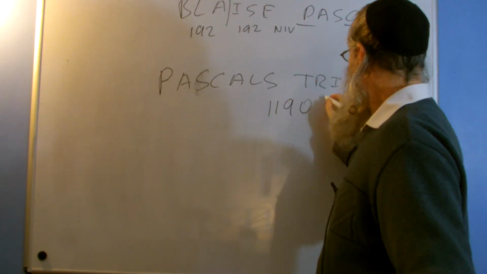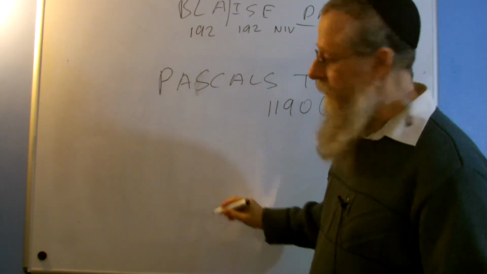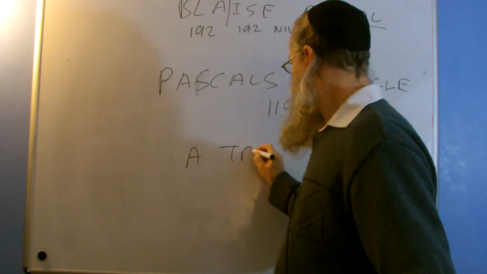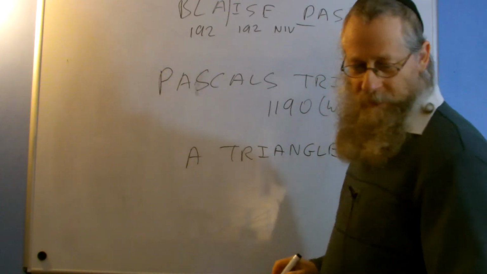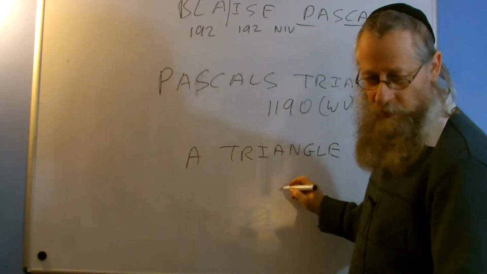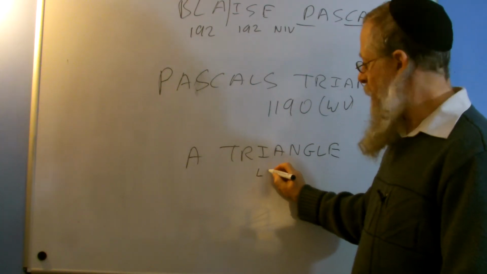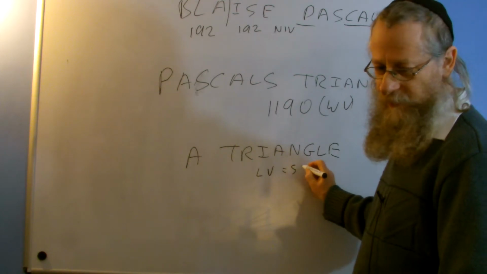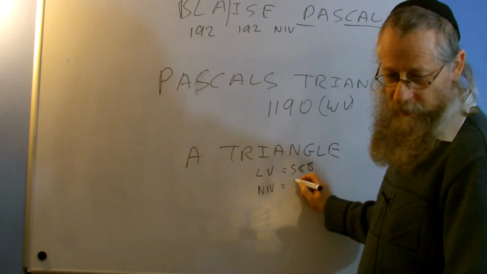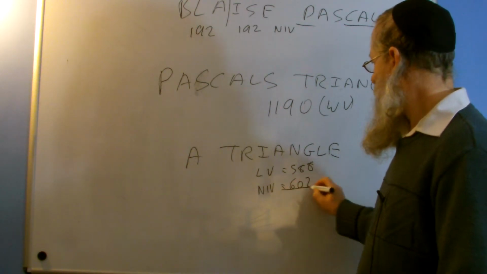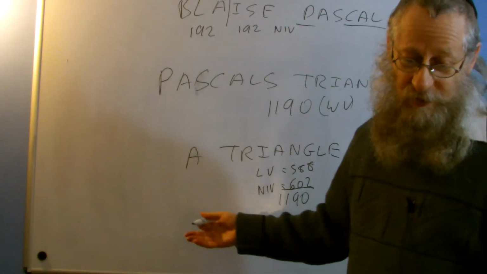That's the whole value. Pascal's triangle, 1,190. A triangle, which is what it is also. For this I have to use the large value, which is 588, and I have to use the normal inner value, which is 602, and I get 1,190, and that is a triangle. That's what it is, a triangle.